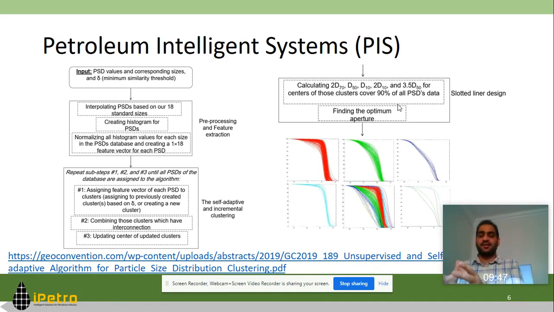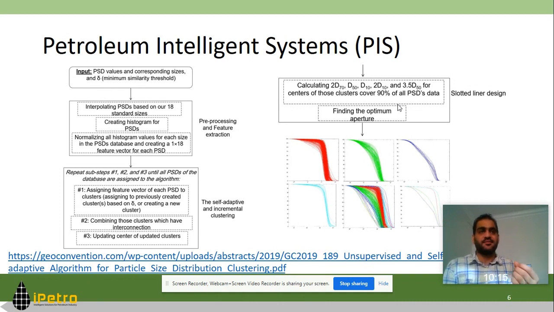It helps the human expert come up with a better interpretation and a better design for the sand control. And this is the contribution of a petroleum intelligence system. It helps the human expert, and it increases the speed of the workflow. It makes the whole workflow intelligent.